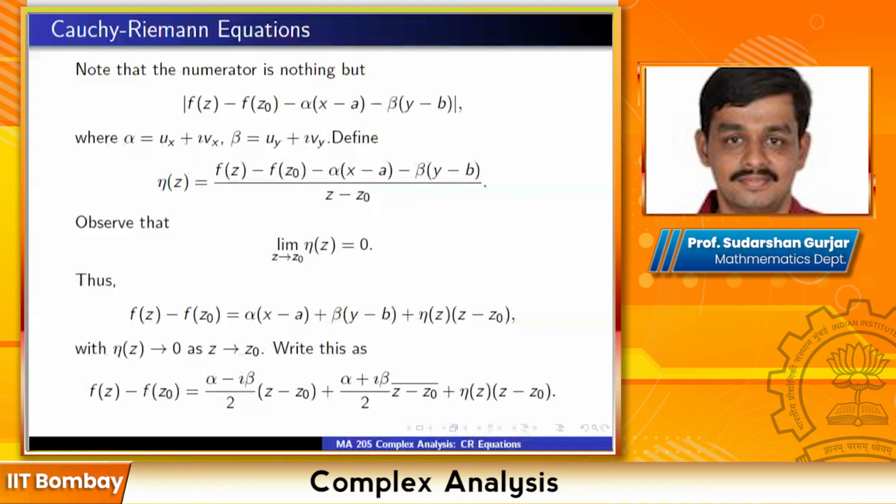This can be easily rewritten: f z minus f z naught is equal to alpha minus i beta upon 2 times z minus z naught, plus alpha plus i beta upon 2 times z minus z naught bar, plus eta of z times z minus z naught. So this alpha times x minus a plus beta times y minus b is just what I have written here: alpha minus i beta upon 2 times z minus z naught plus alpha plus i beta by 2 times z minus z naught bar.